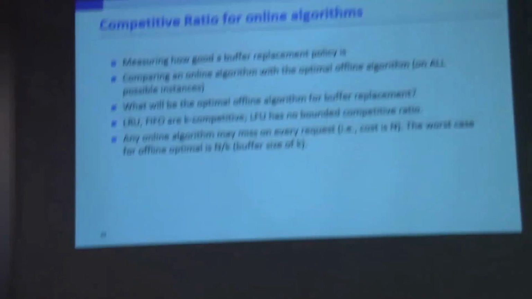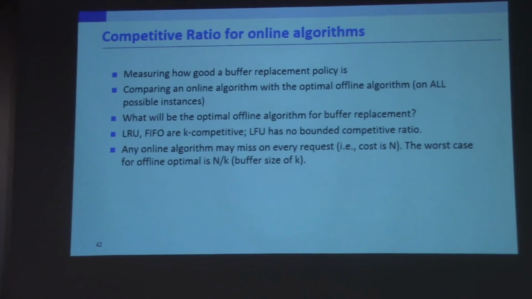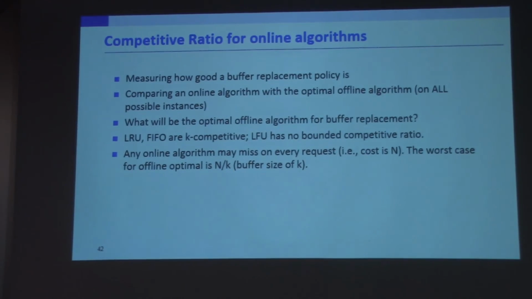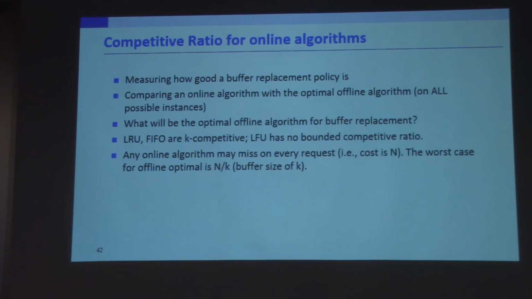What that says is, first of all, you have to accept the fact there is no optimal online algorithm. You cannot just design this. You cannot hope for the optimal online algorithm. The reason is the sequence is a dynamic sequence. The adversary can always observe what you're doing and come up with a design that defeats your algorithm.